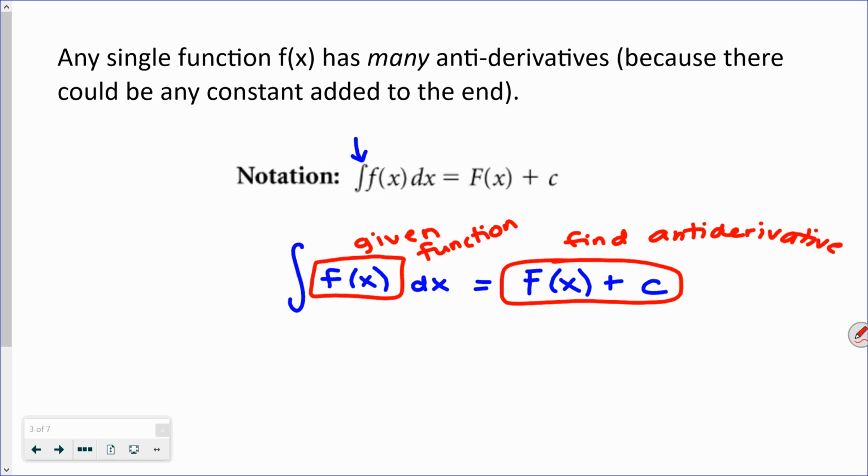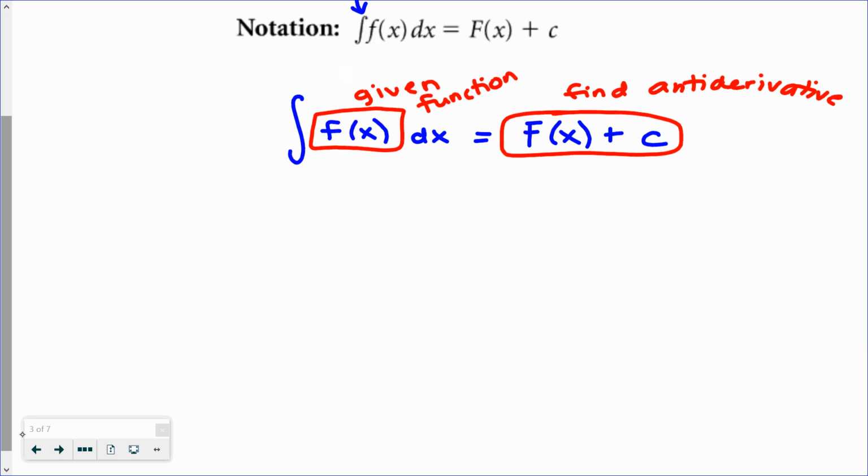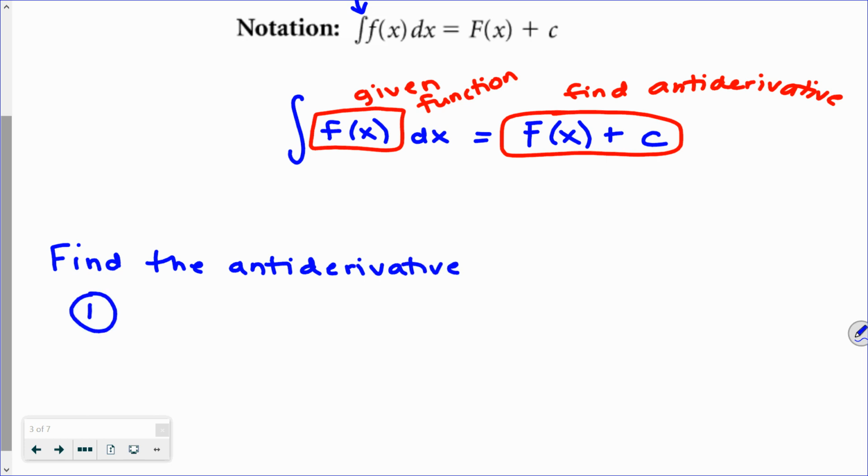So for example, if I say find each antiderivative, okay, so find the antiderivative. And really, I should say find an antiderivative. And then question 1 is for f of x equals cosine x.